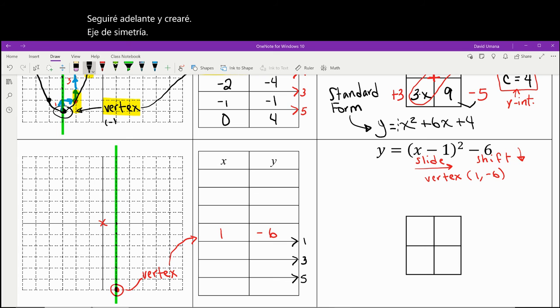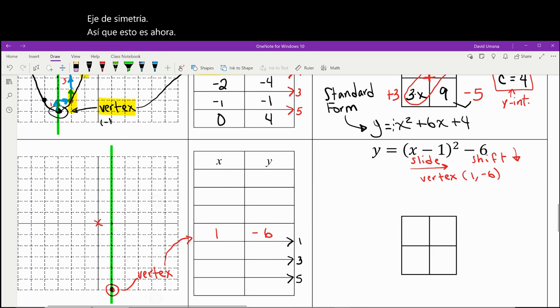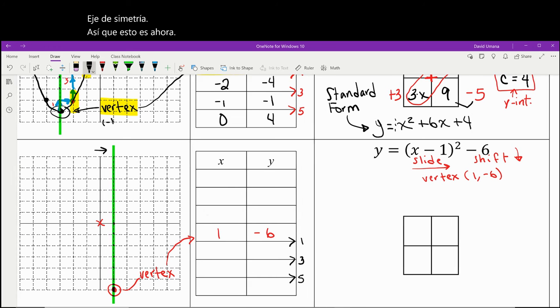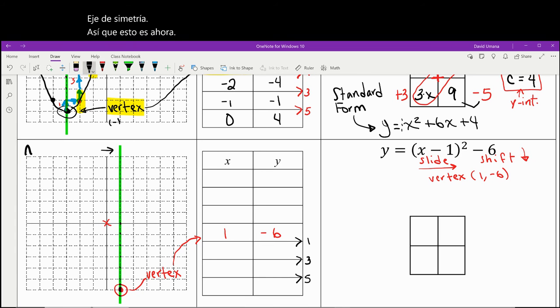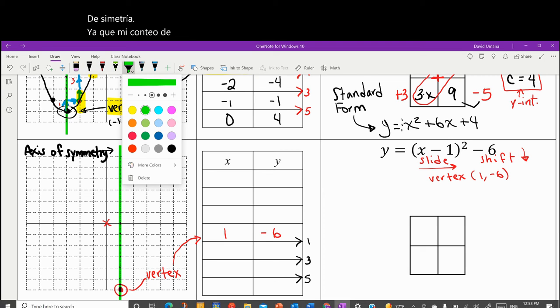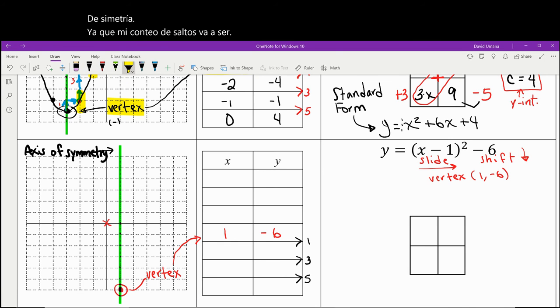So this is now my axis of symmetry. Okay. Since my skip counting is going to be a 1, a 3, and a 5, I'm going to take advantage of that here on my picture.